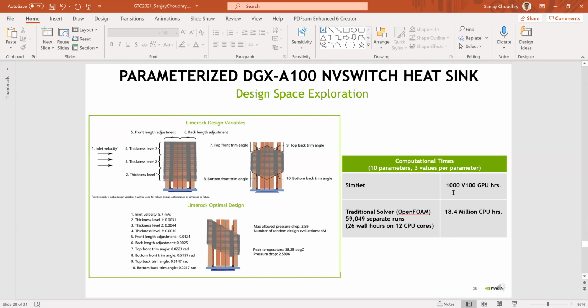And Simnet actually takes 1000 V100 GPUs, whereas for the traditional solvers, we calculated how much time it takes for one solution, and for these many runs it will take this much time, which is just theoretical actually. And even if you do 1,000 fewer simulations, it will still be an intractable amount of time, which traditional solvers will not give you the luxury to do.